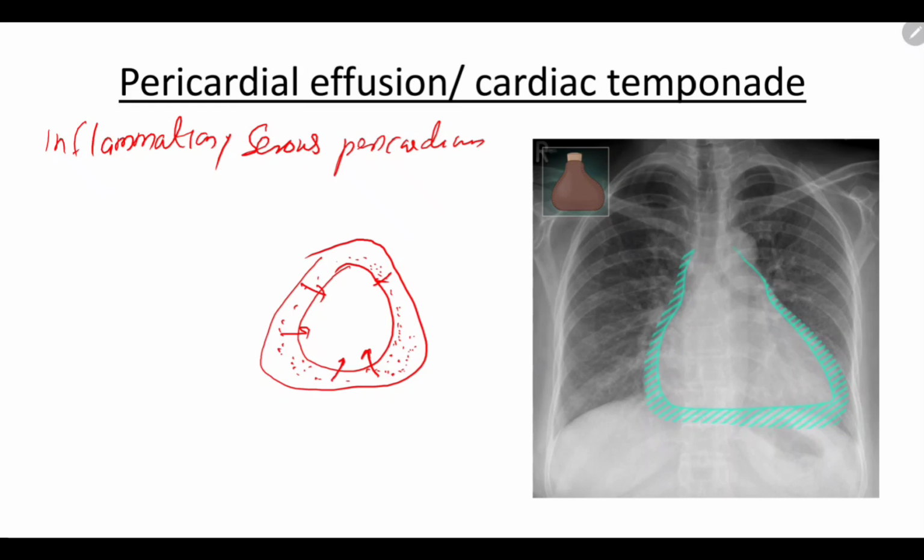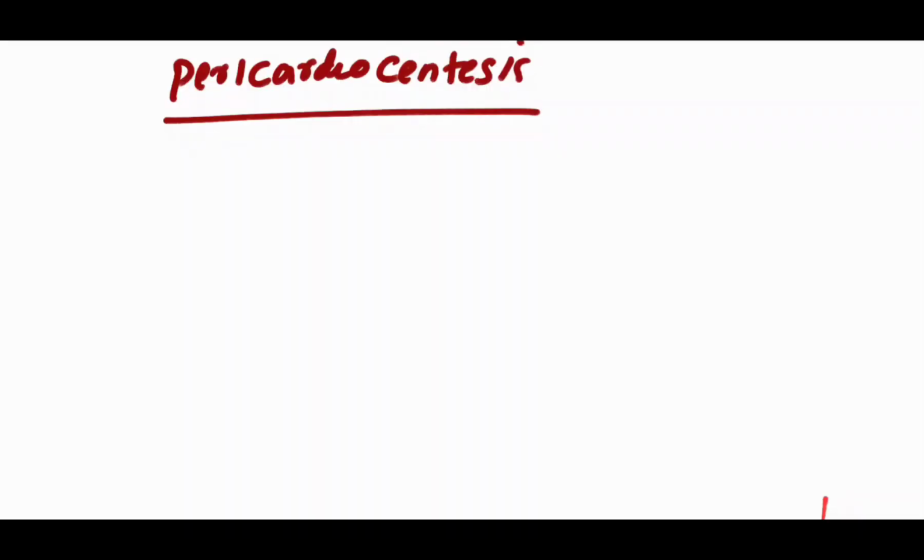When the atria get compressed, it compromises the filling of the heart during diastole, and if there is limited filling, the cardiac output will be affected. This condition is known as the cardiac tamponade. Pericardial effusion is the excess fluid in the pericardial cavity, so it leads to cardiac tamponade.